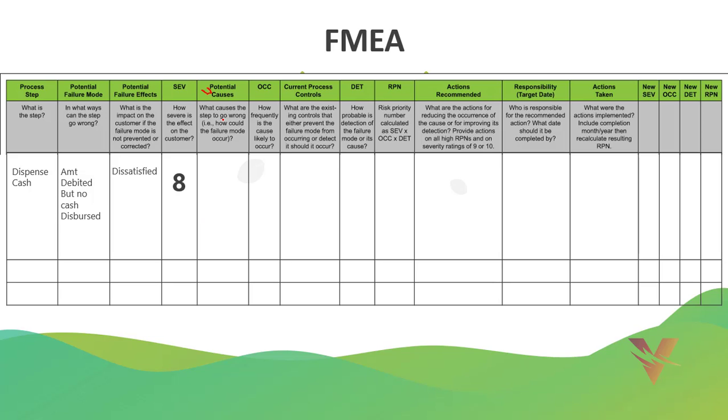Next is potential causes. So here, what causes the step to go wrong? That is, how could the failure mode occur? So in this example, that is ATM is not disbursing the cash, we need to identify what can be the reason why ATM is not disbursing the cash.